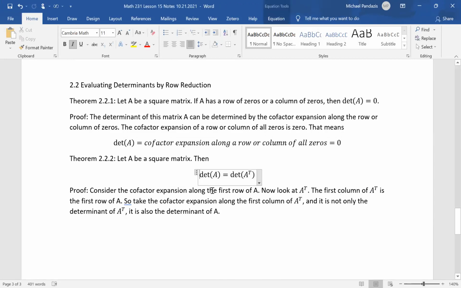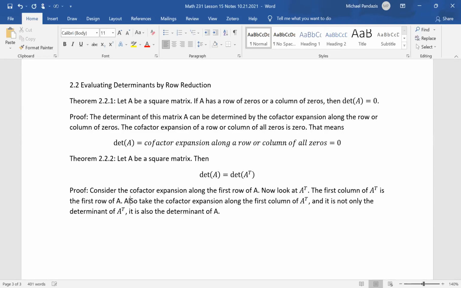So consider the cofactor expansion along the first row of A. Now look at A transpose. The first column of A transpose is the first row of A. Also, the cofactor expansion along the first column of A transpose is equal to the cofactor expansion along the first row of A, because since you're alternating all the rows and columns, it works out that they are exactly the same.